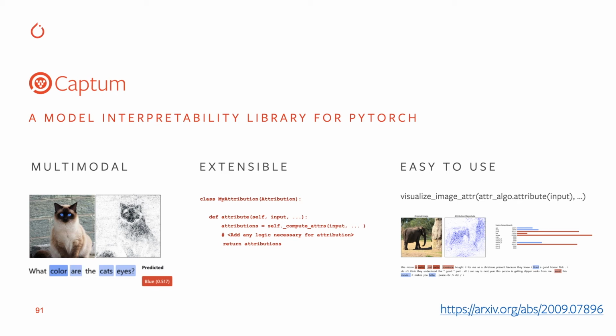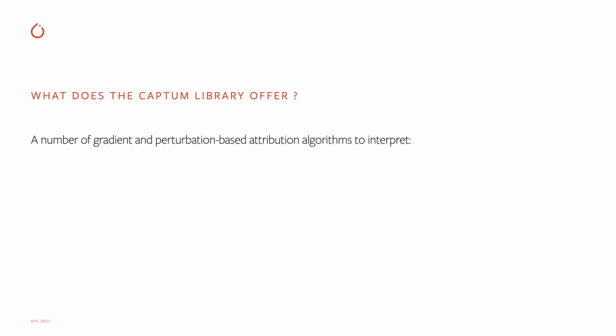And lastly, the third characteristic is ease of use, which means that the library is designed to be used easily with a couple lines of code. The library is open source and available to everyone, and it offers a number of gradient and perturbation-based attribution algorithms and evaluation metrics.